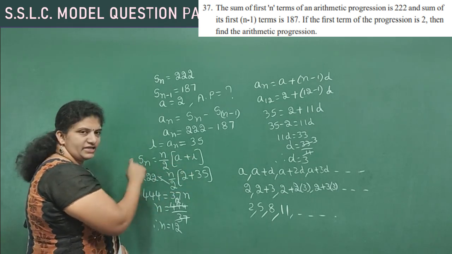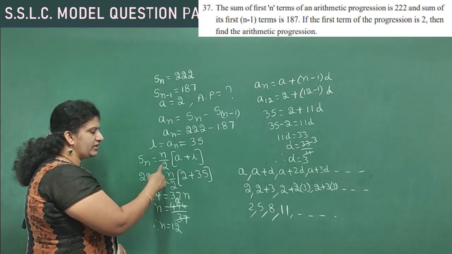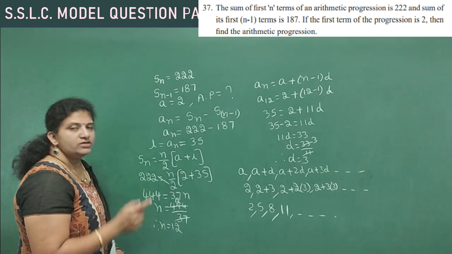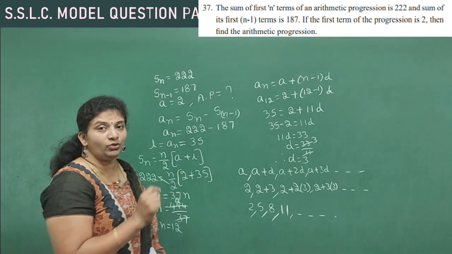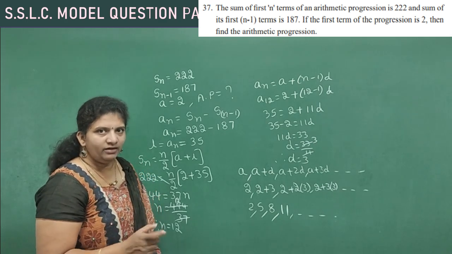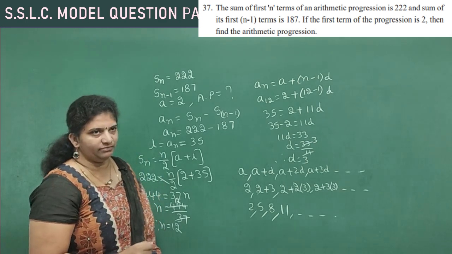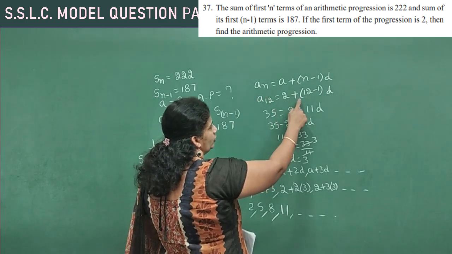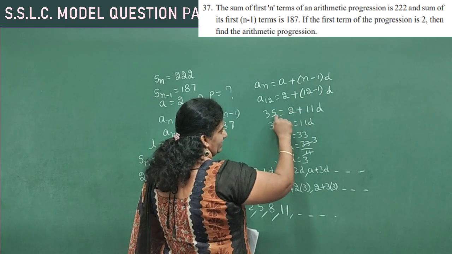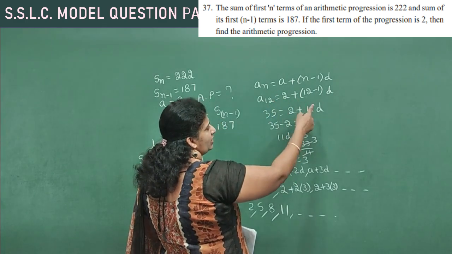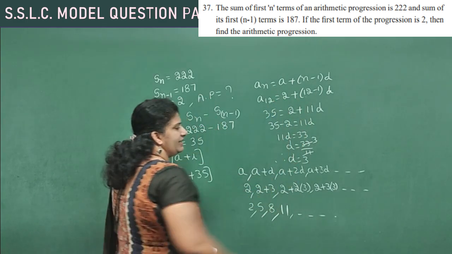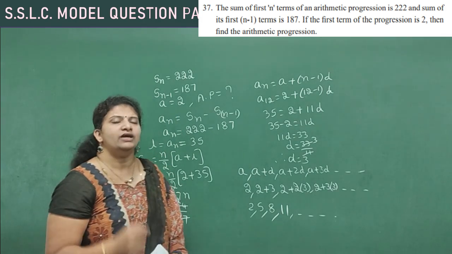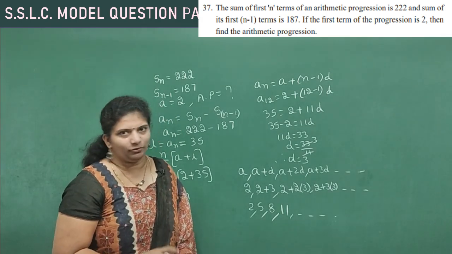So write Sn formula, substitute all these values in order to find n. So finally what you come to know, there are 12 terms, right? Last term is 12th term. Write an formula. A12 is equal to 2 plus 12 minus 1, 11d. Substitute a value, n value, you are going to get d value.